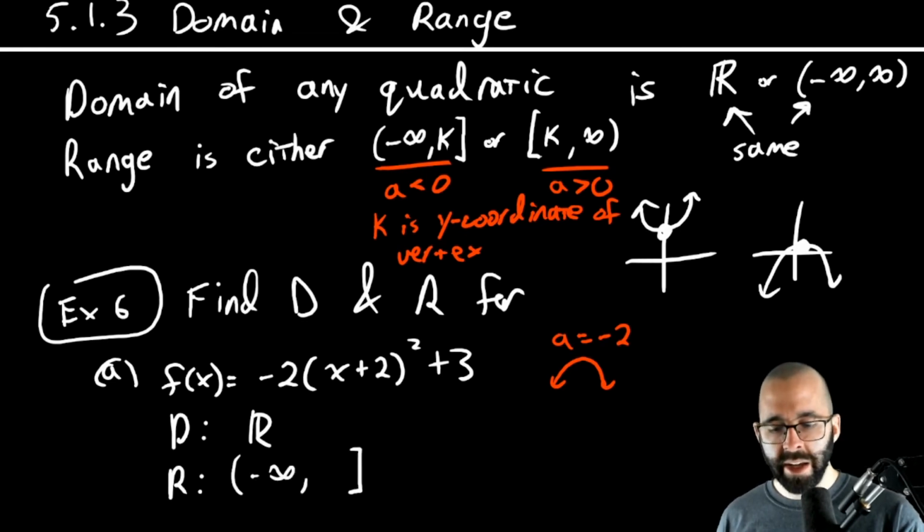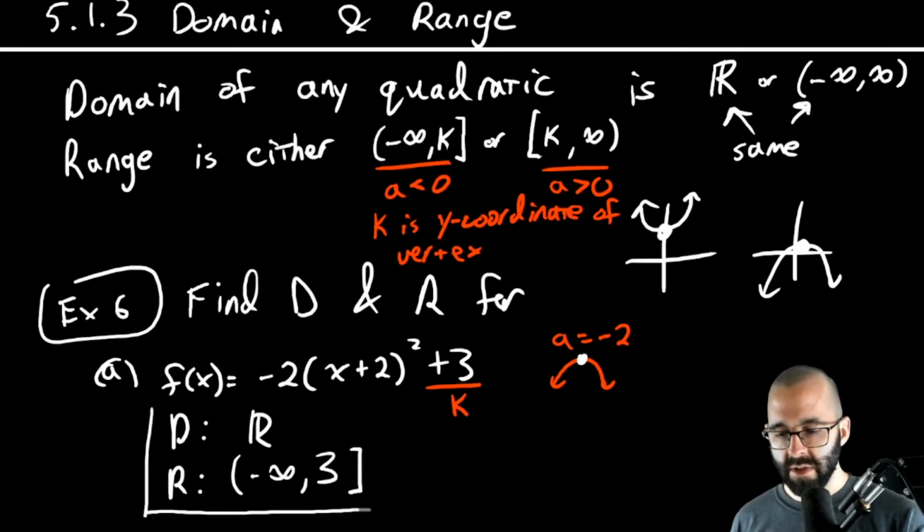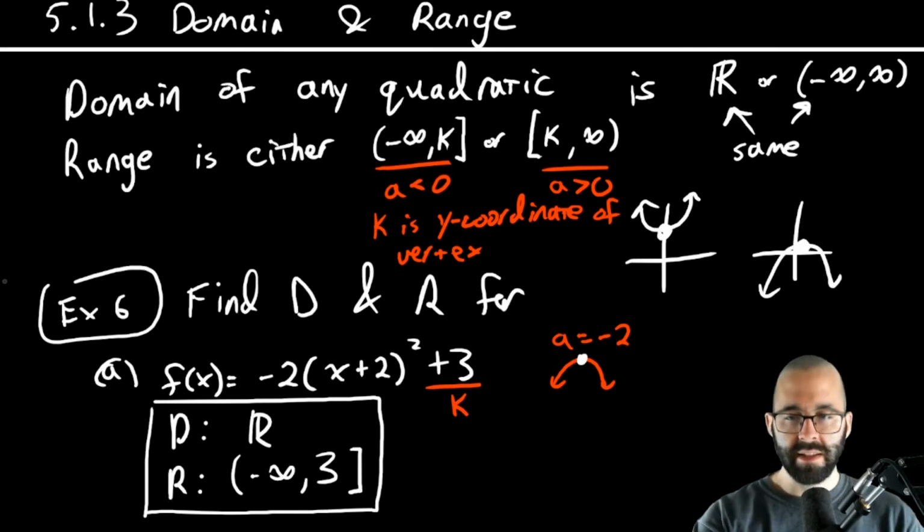The biggest we can go is k. What's our k value here? Oh, it's right there. We're already in vertex form. Boom. We're done. This equation has all real numbers as the inputs and everything up to 3 as the outputs.